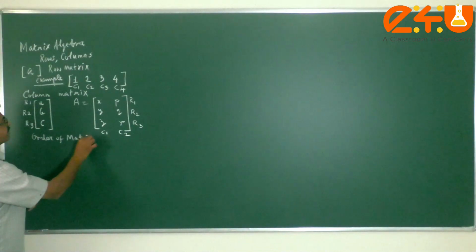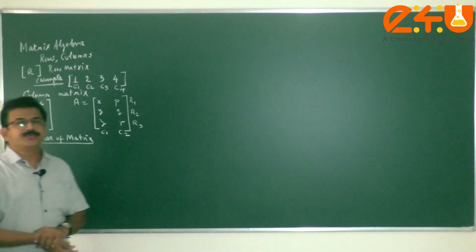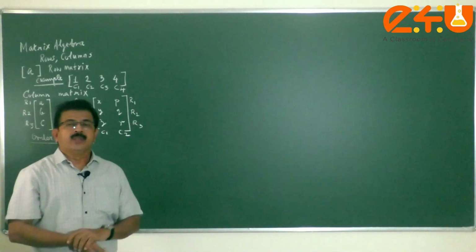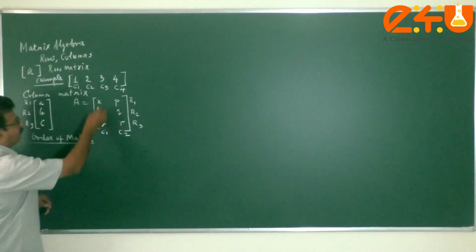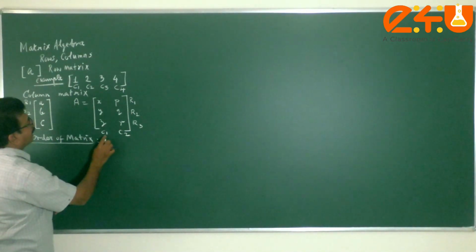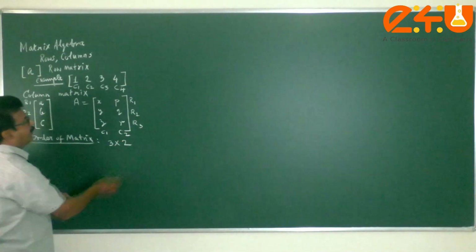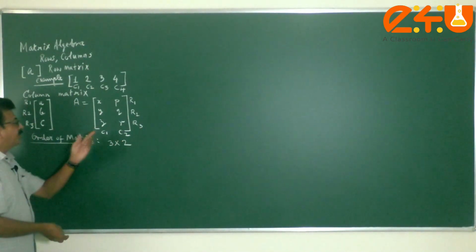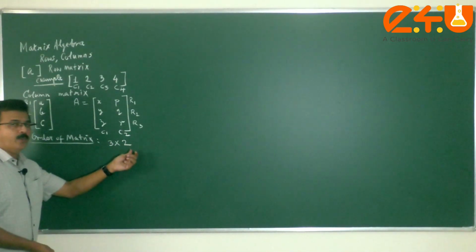Order of the matrix implies the number of rows and number of columns which comprise the matrix. For example, in this case there are 3 rows and 2 columns. So I can say this matrix A is a 3 by 2 matrix.